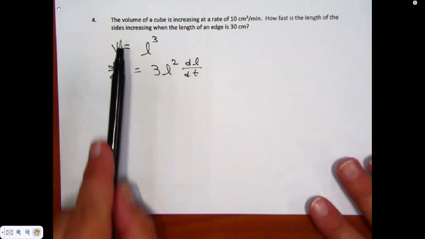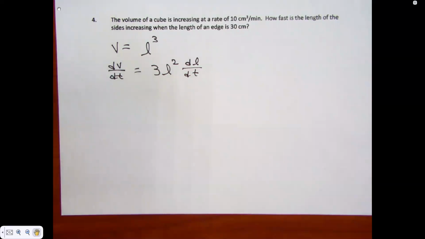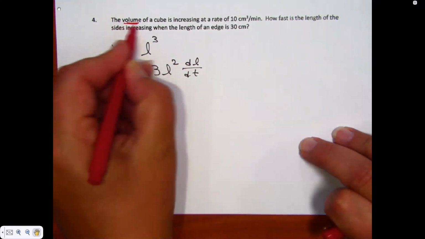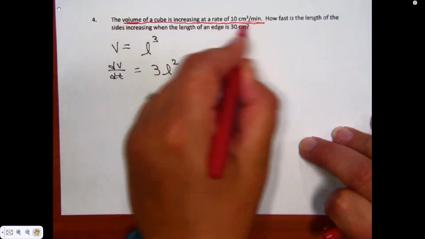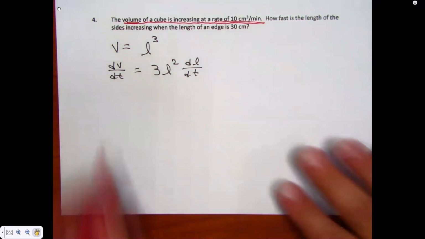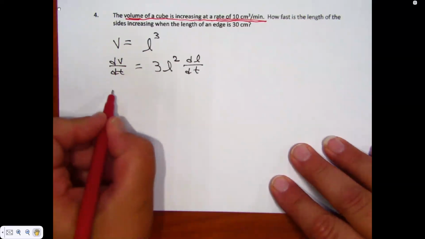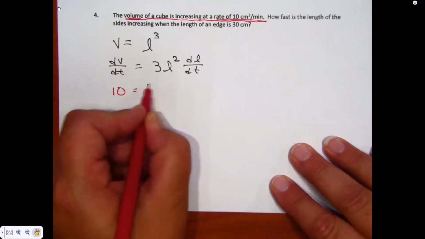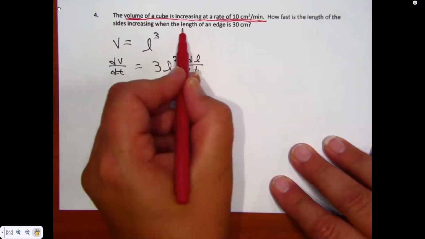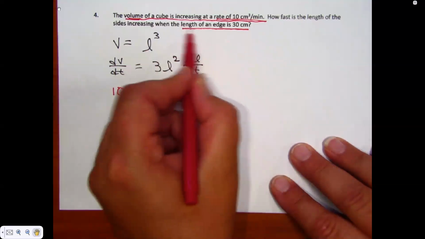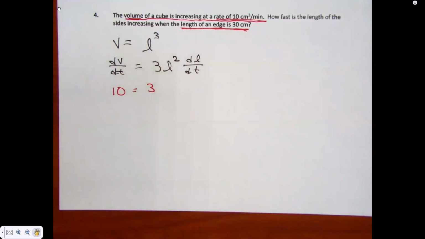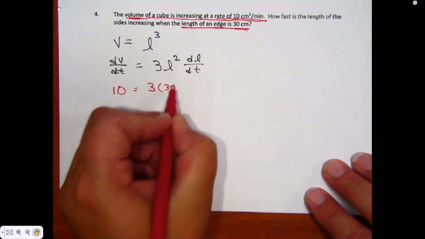Okay, and it states right away the volume has a rate of 10. The volume has a rate of 10. So there's our 10 for our volume. And then the length of the edge is 30. It's always increasing, but at our moment in time, it is 30. So 30, and then we have to square it.